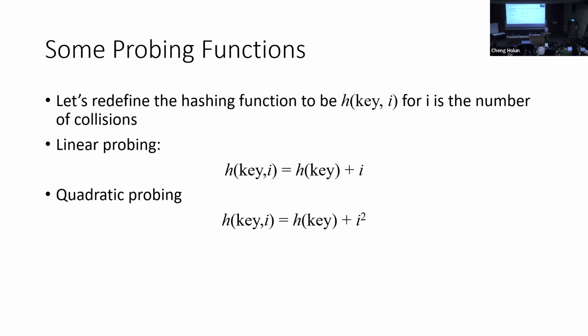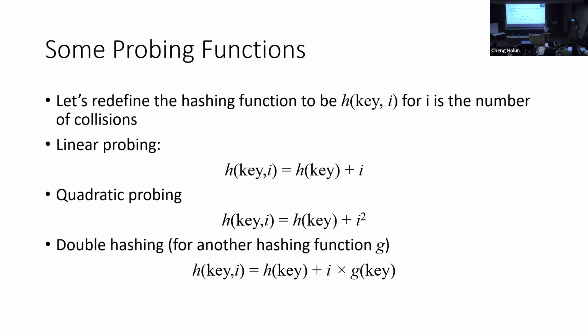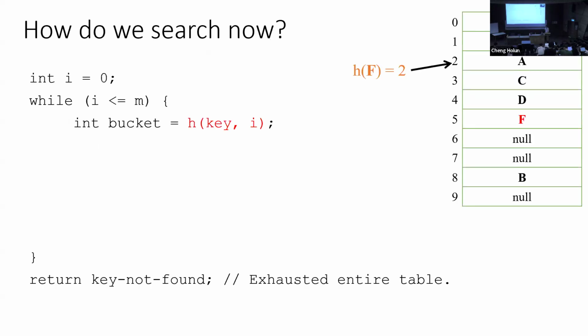Quadratic probing is the hash value plus the square of the number of collisions. And you can do some other very complicated thing. I can even make the function more complicated, i times another hash function. Okay.